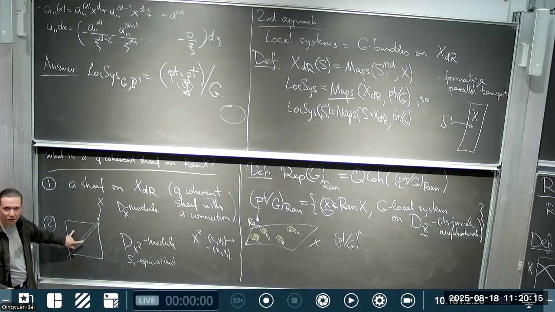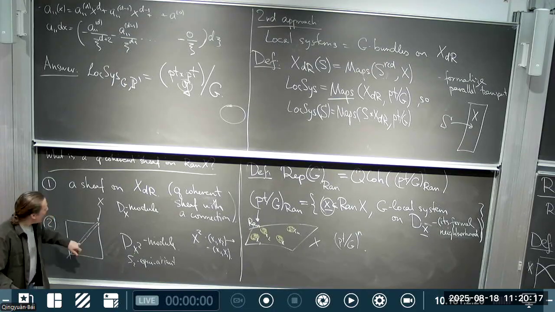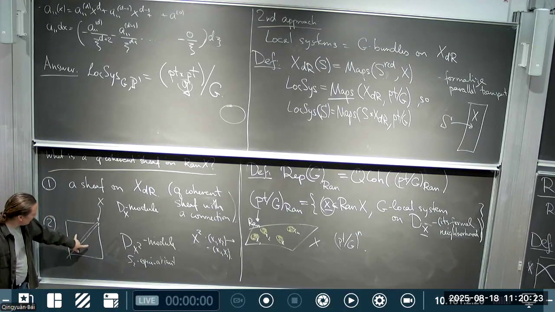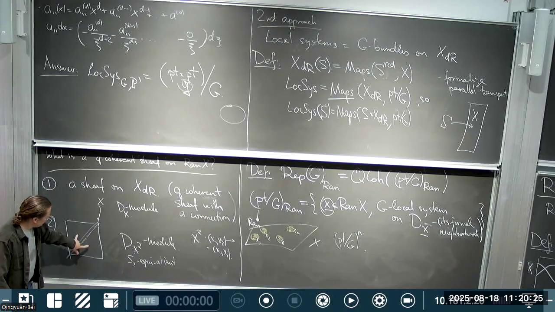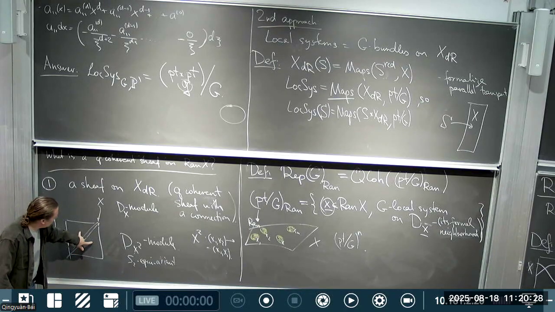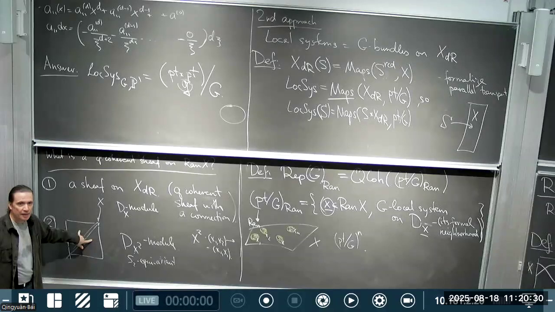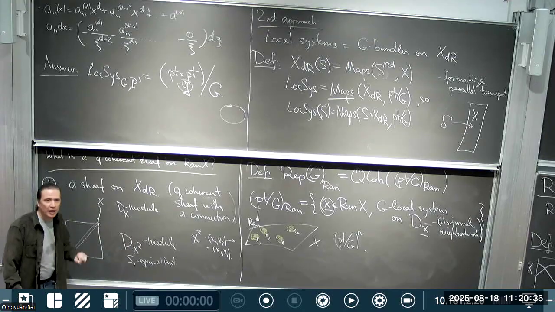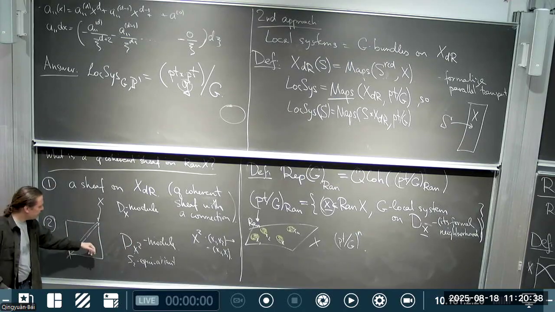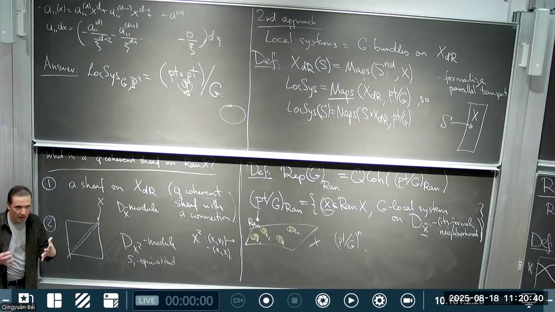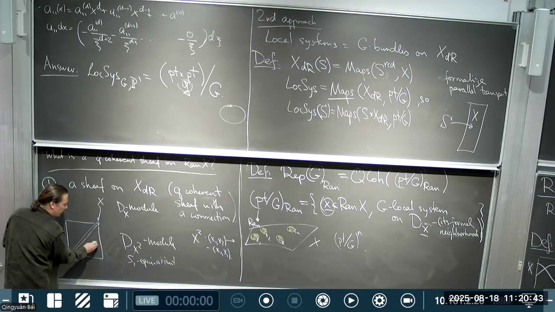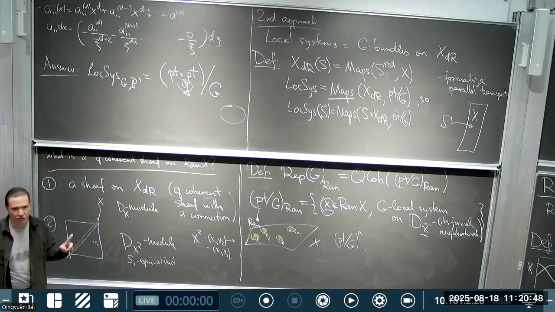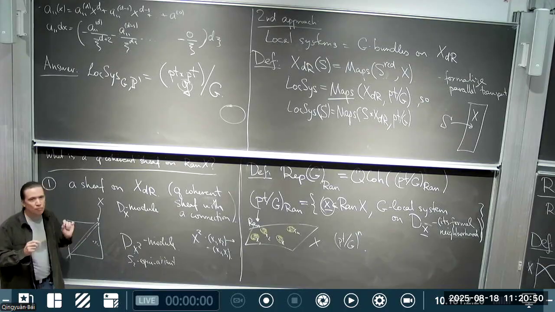I realize I'm running out of time, and I am out of time. So let me just say, what happens in this case? Somehow the idea is that I want to have this kind of D-module thing, and now I want to say the following. This D-module will have an action of G, but not just an action of G. In fact, when we're away from the diagonal, I'm going to have two actions of G, sort of indexed by the 2 points.